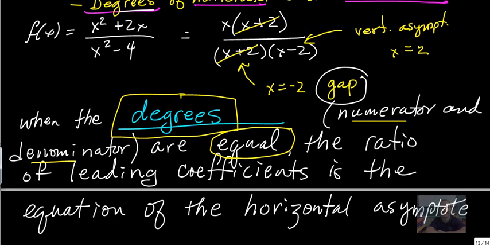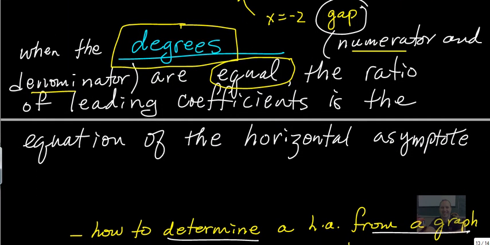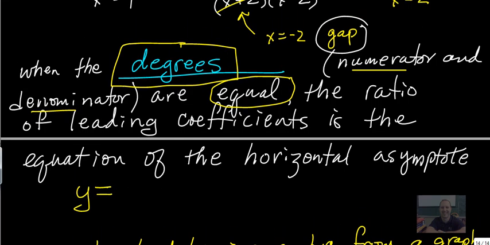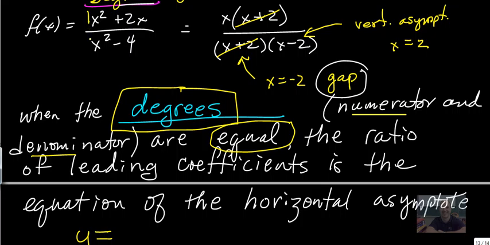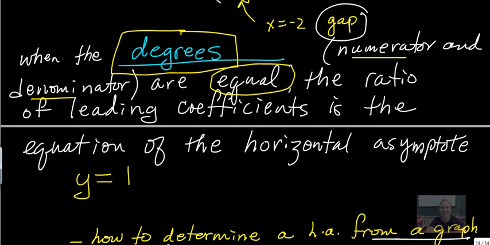So the degrees here we said are 2 and 2. When they're equal, the ratio of the leading coefficients, okay, that is the equation of the horizontal asymptote. y equals, of course, in this case, 1 divided by 1. So that gives you the equation of the horizontal asymptote.